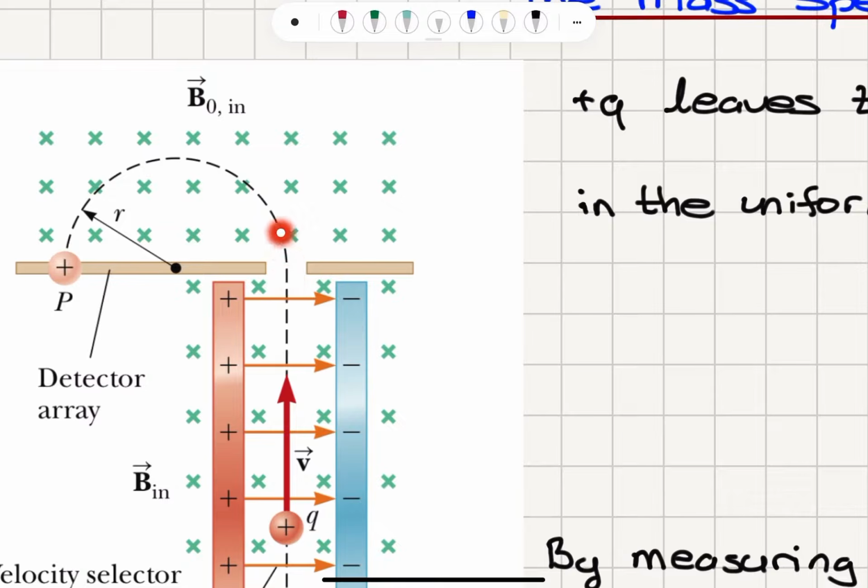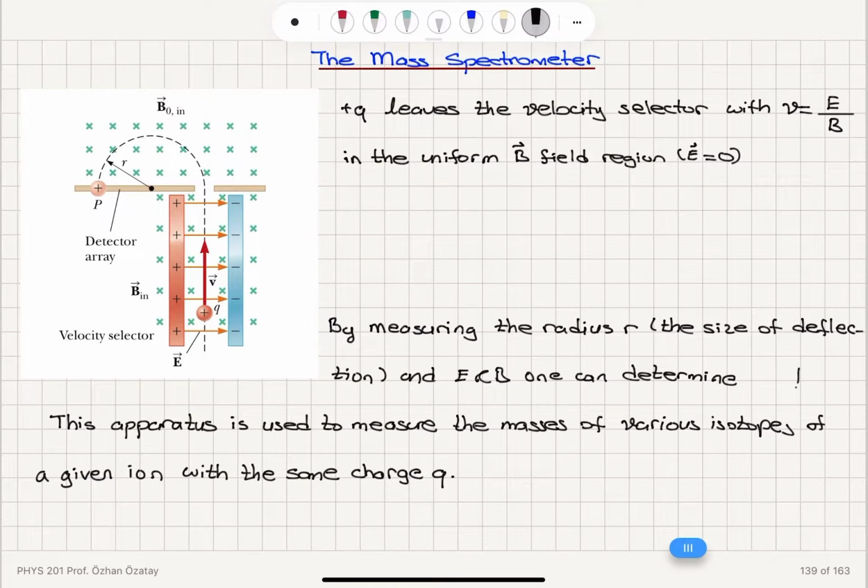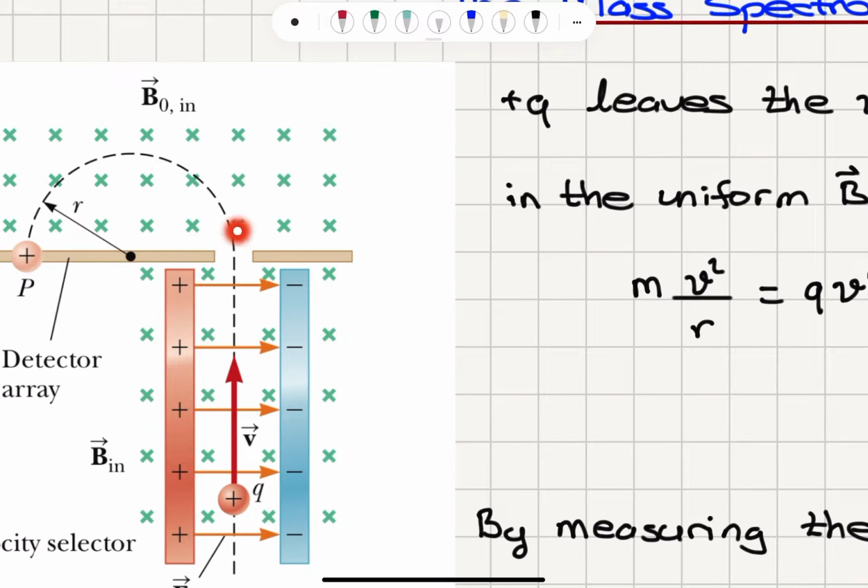Now what will happen? Well, we know that it's going to follow a circular trajectory inside the uniform magnetic field with the radius of the circle called r. We have mass times the centripetal acceleration, m v squared over r, equal to the magnetic force qv cross B. In this case the velocity vector and the magnetic field vector are perpendicular to each other.